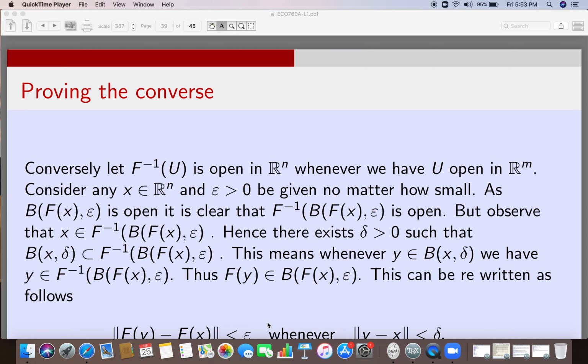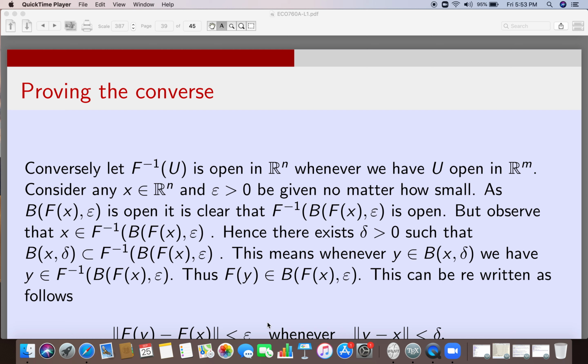Hence, since the inverse image of B(F(x), epsilon) is open, there must exist a delta such that the open ball of radius delta centered at x is contained in the inverse image of the open ball B(F(x), epsilon).